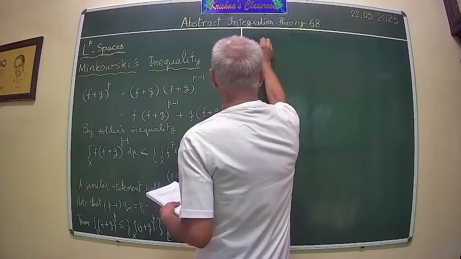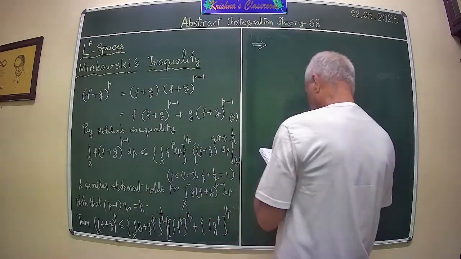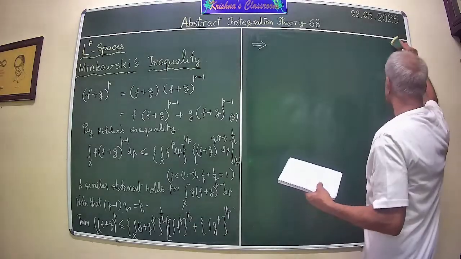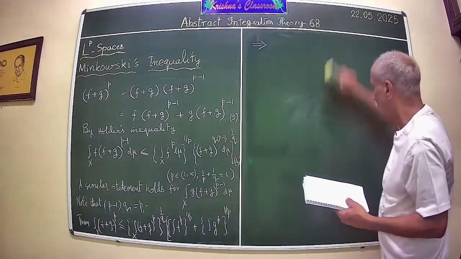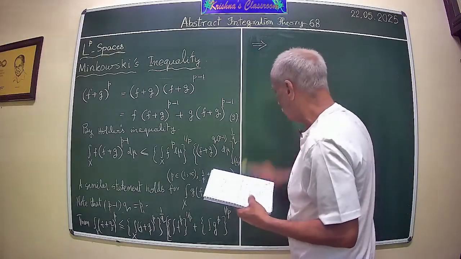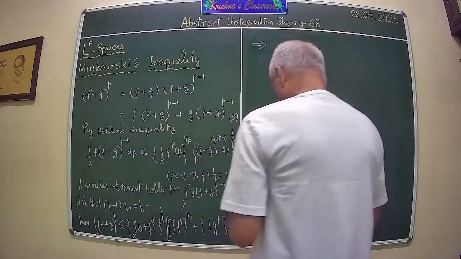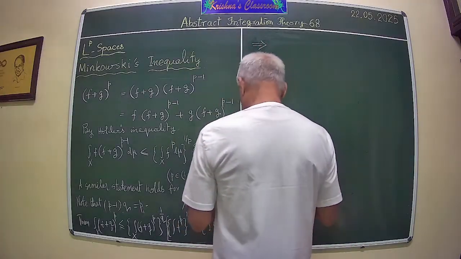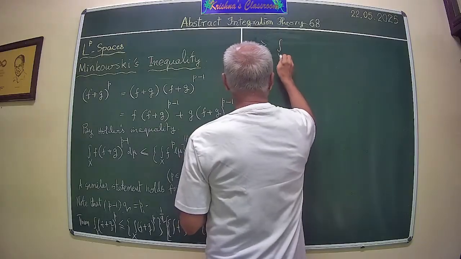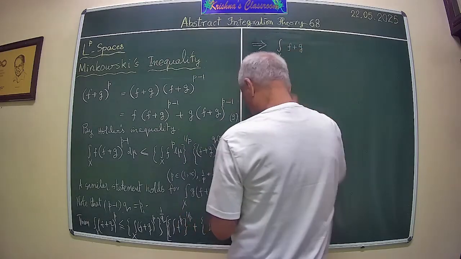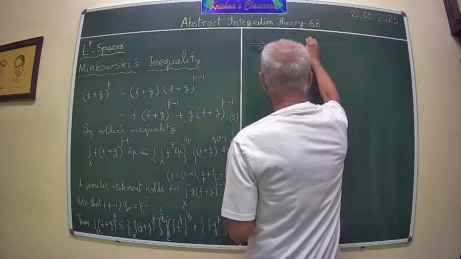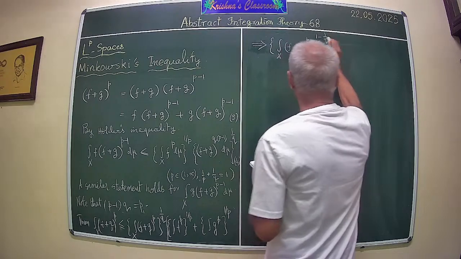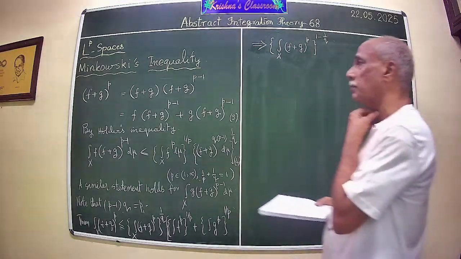And that in turn implies the integral over x of f plus g to the power p, that means you are taking to the power 1 by p because you have 1 by p plus 1 by q equal to 1.